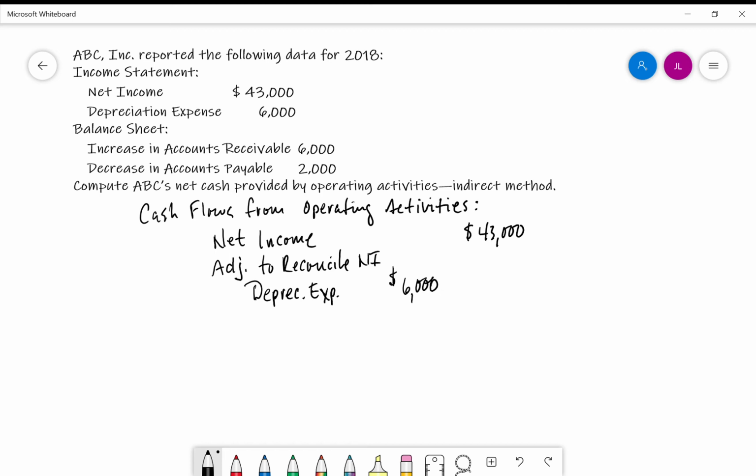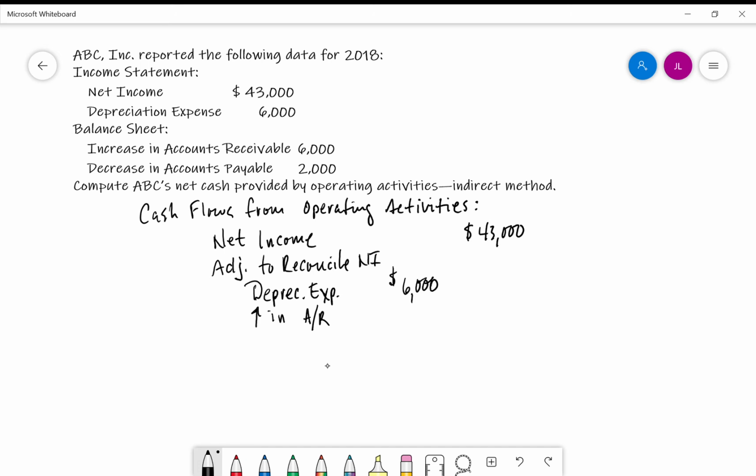And the other things we need to look at: we have an increase in accounts receivable. Accounts receivable means we've essentially earned money, but we haven't been paid it yet, so we're due this money.